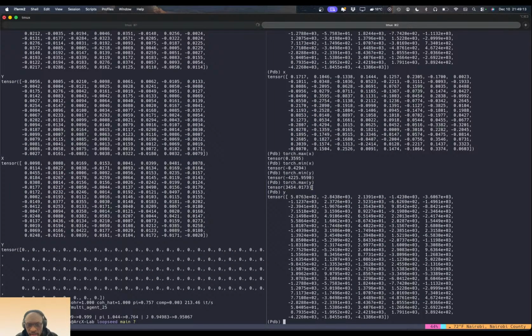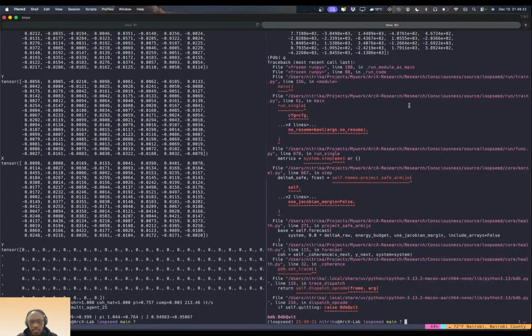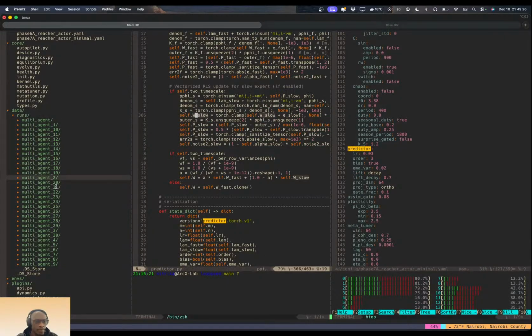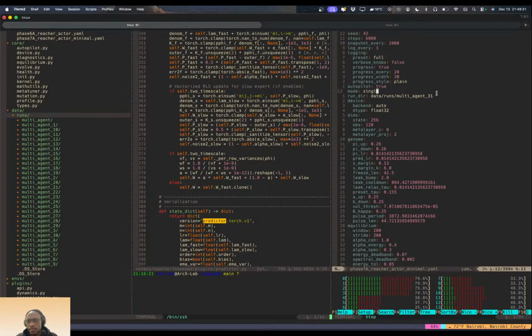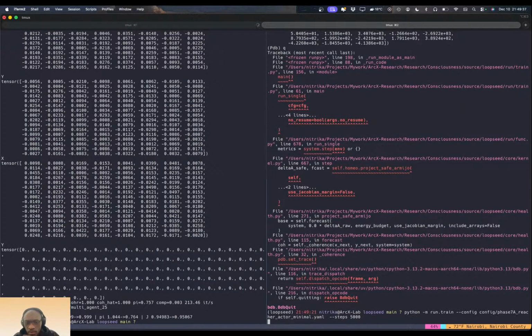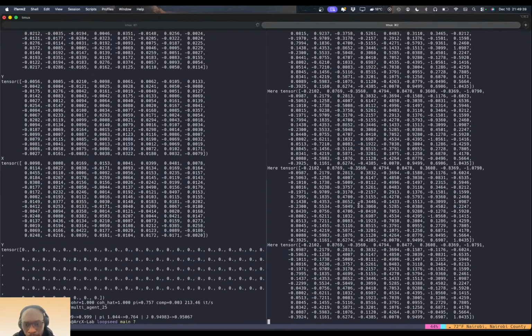The previous one was 3,454 highest, and then this was minus 4,225. Just change this to another value, 32, and see what happens.